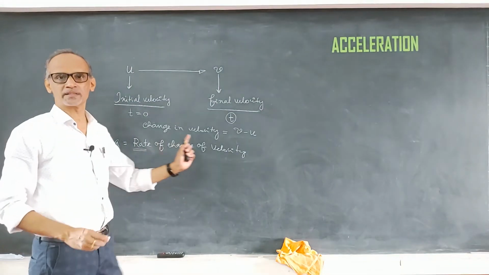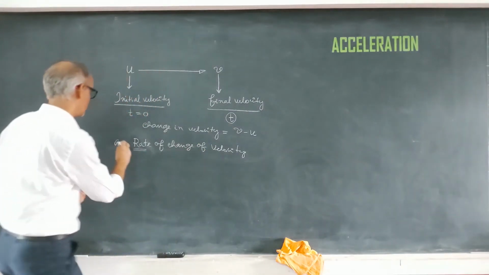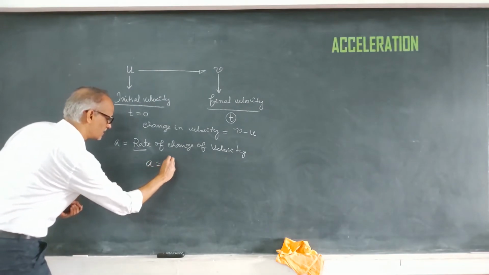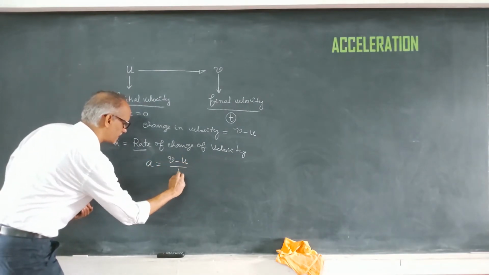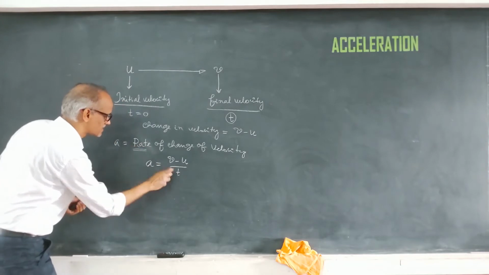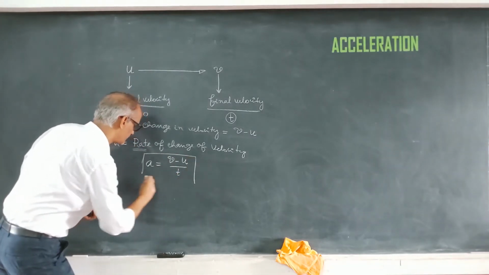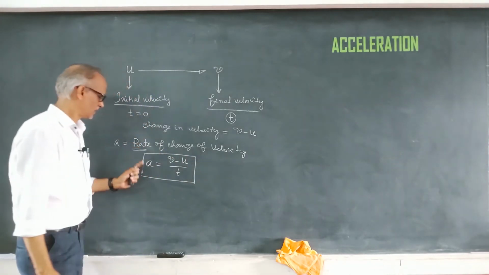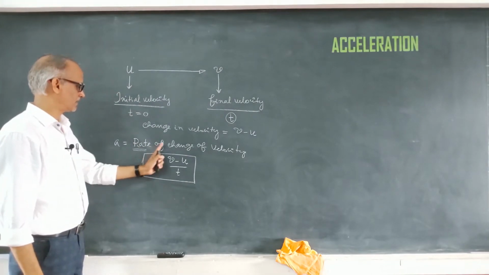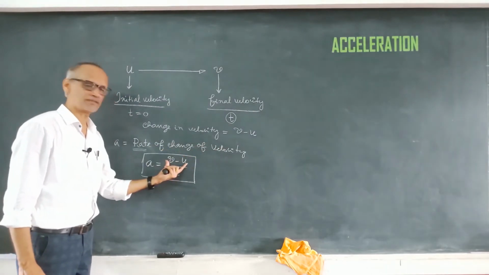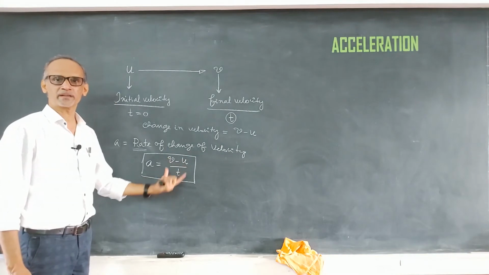A rate always means with respect to time. Therefore, the formula for acceleration is change in velocity divided by time. That is the meaning of the word rate, with respect to time. This is one of the formulas used to find the acceleration. When you divide the change of velocity by time, it becomes the rate of change of velocity.